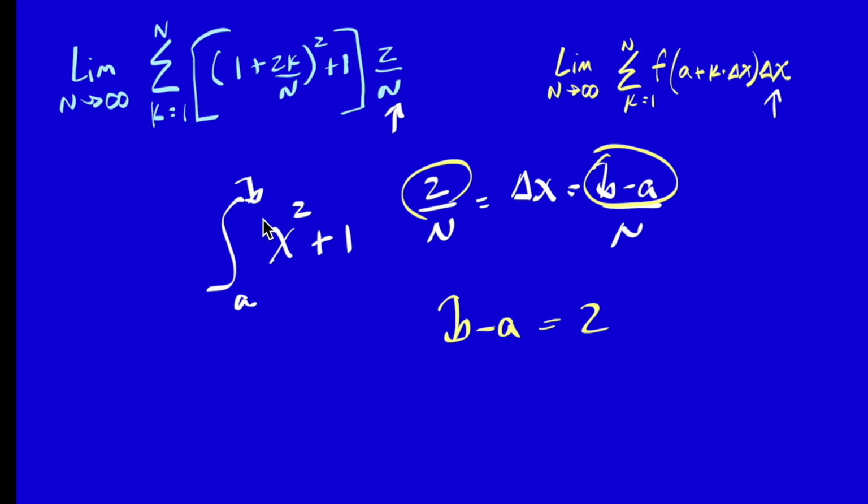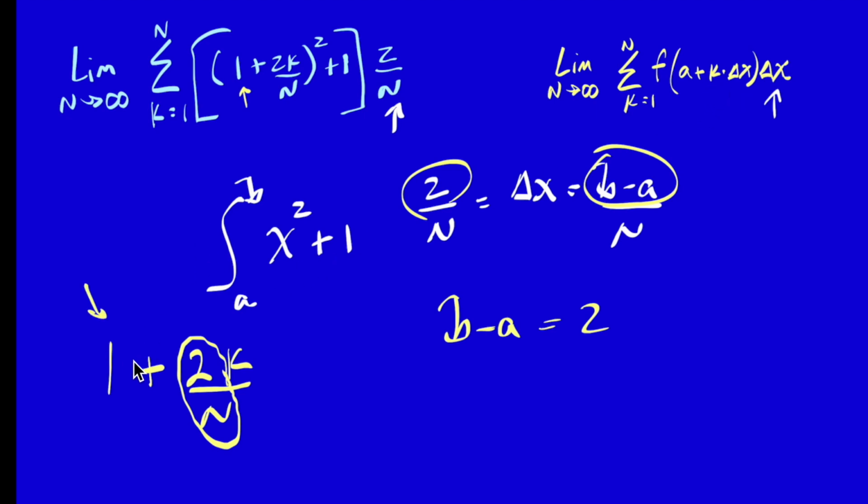Folks, they gave us the a value. Here it is right over here. If we open up this expression that I call steroids, this is what they gave us. We know that 2 over n is our delta x value right here. So this is clearly delta x times k, or otherwise known as k times delta x.